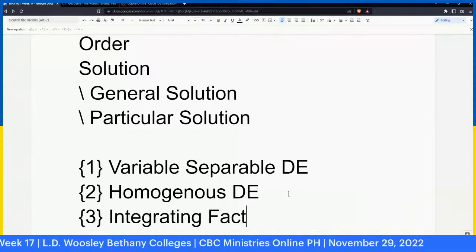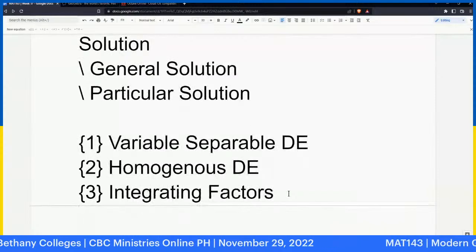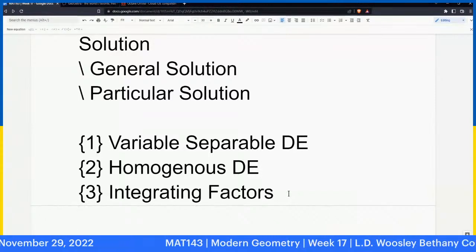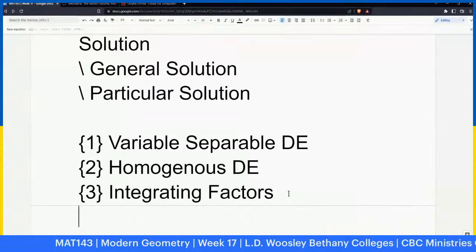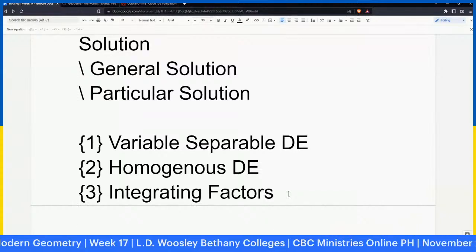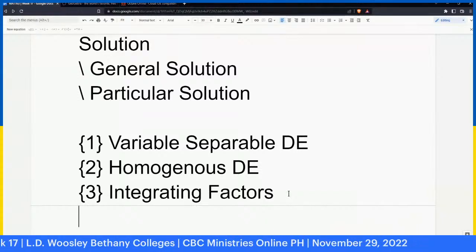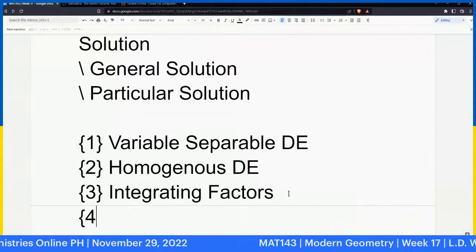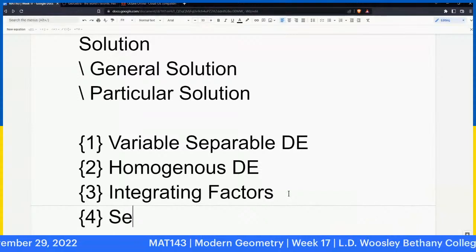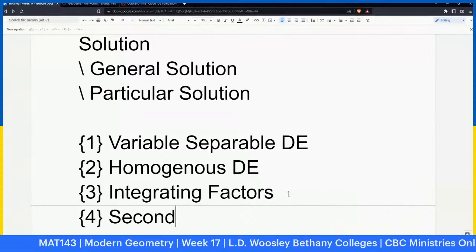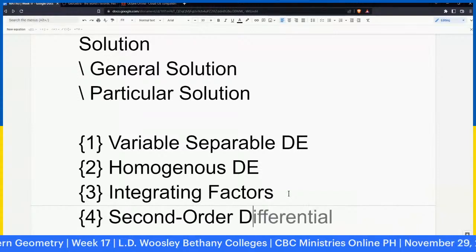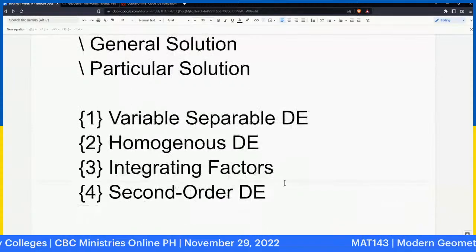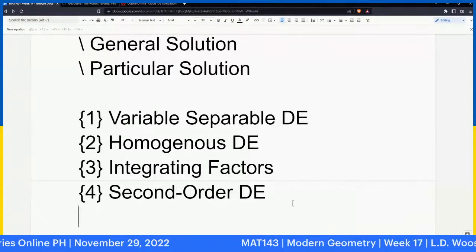You need to have some integrating factors added so that you could perform the indicated operation. And then there is also our methodology for second order equations, or second degree. Second order DE. So these are the types of equation that we have.